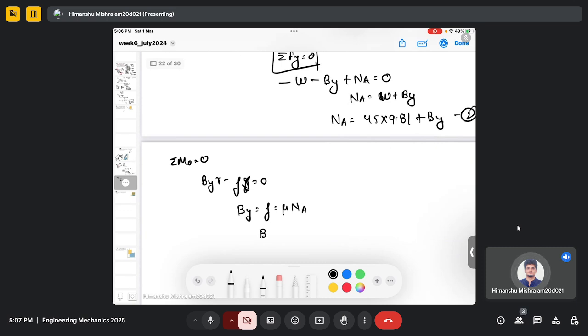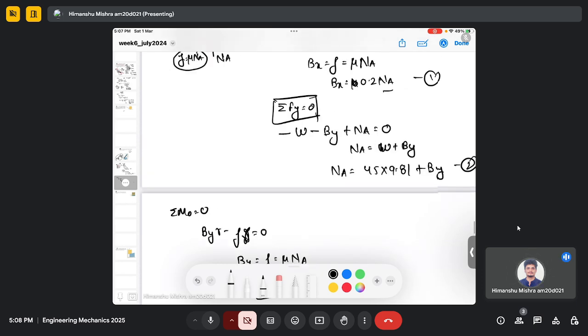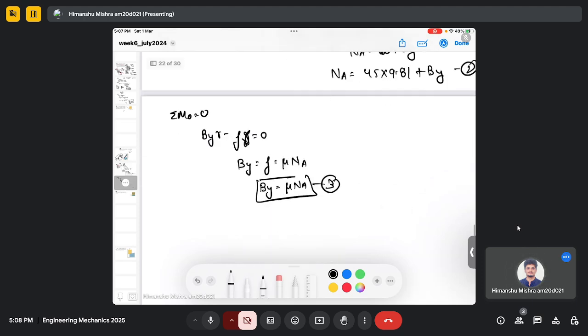So this tells us that By equals mu Na, which is my equation 3, and equation 1 tells that Bx is also equal to mu Na, where mu is 0.2. So from equation 1 and equation 2, I can say that Bx equals By.